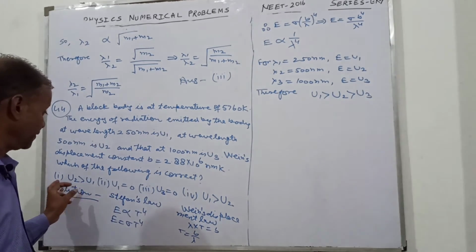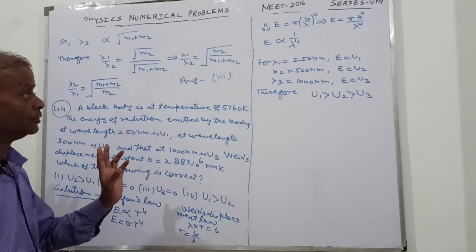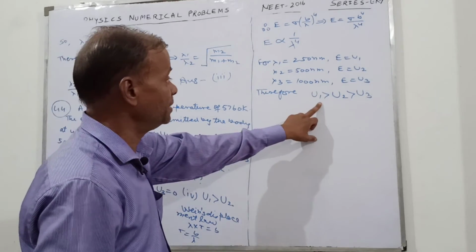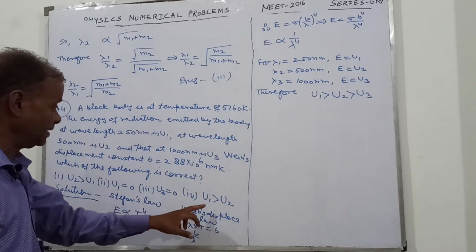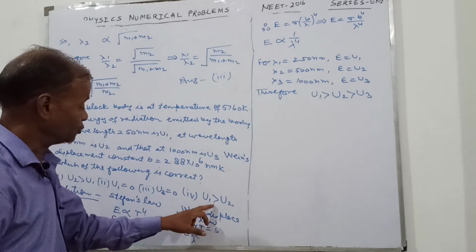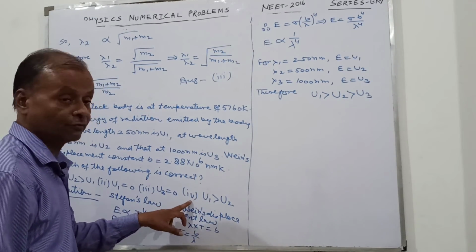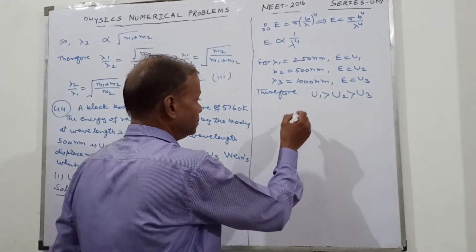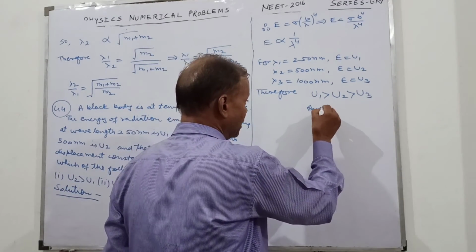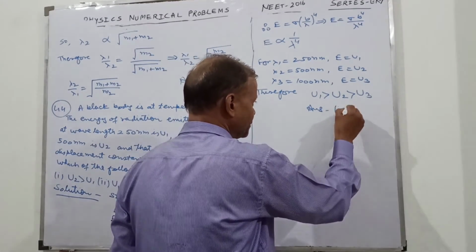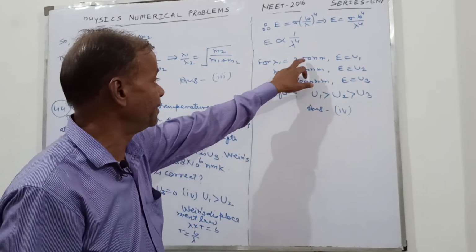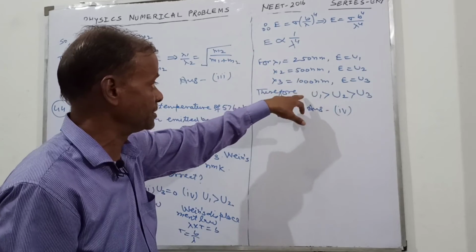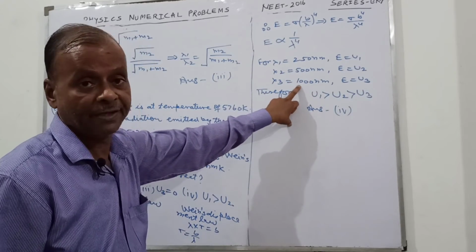Now we are having the first and fourth options. In the first, U2 is greater than U1; here in the fourth, U1 is greater than U2. So our right choice to this question is the fourth. Answer: the fourth one, U1 is greater than U2. This is the minimum wavelength from the given wavelengths.